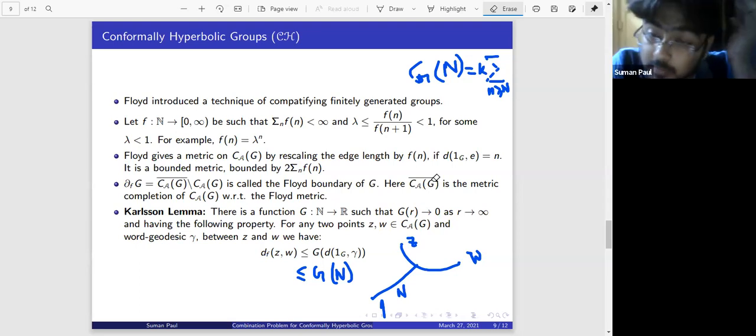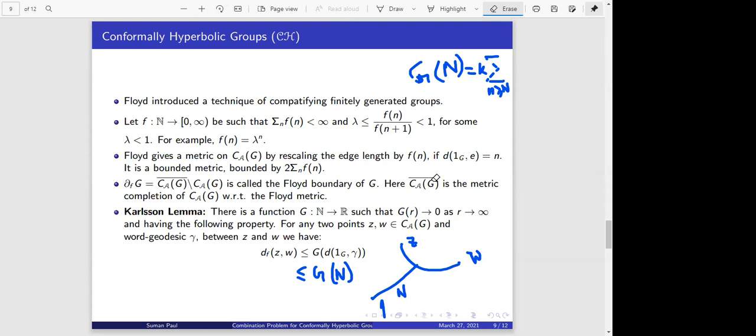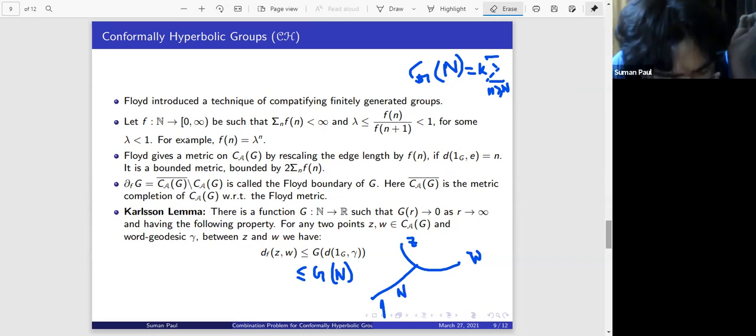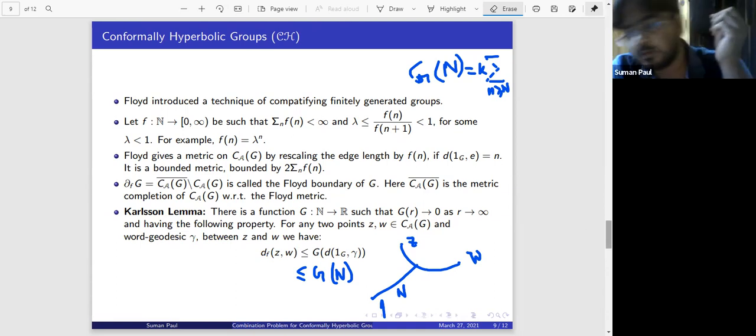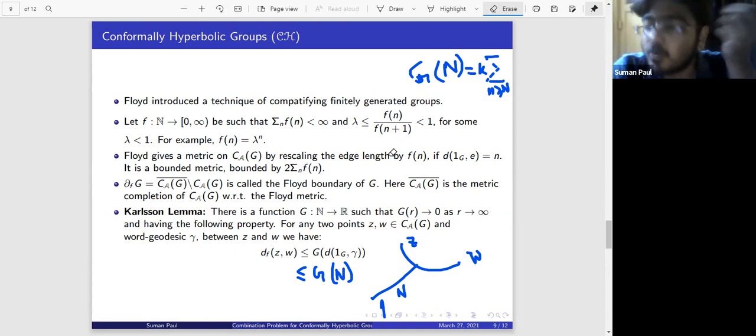The Floyd boundary of the augmented graph will be the same as the Bowditch boundary? No, not the same, but the Bowditch boundary will be a quotient of the Floyd boundary.